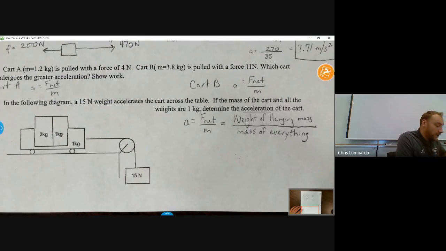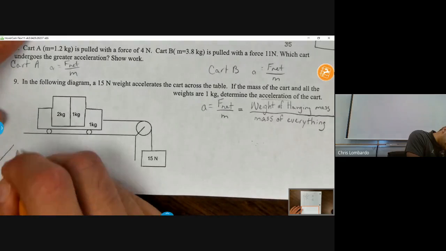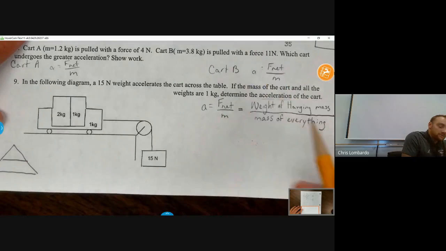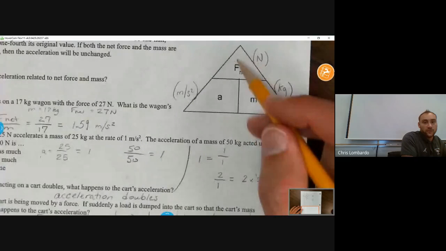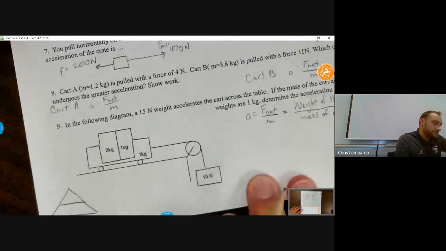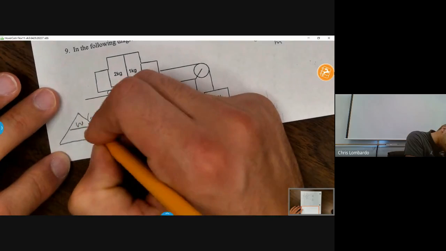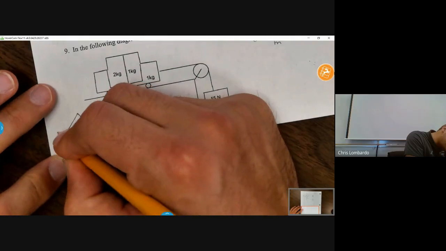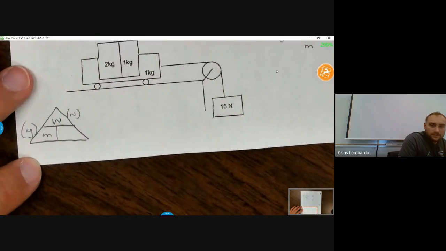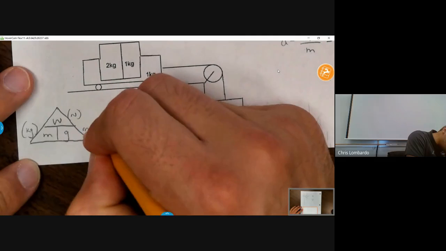Now, there's an equation for weight. It was in the notes that we had gone over before. It's pretty much the same equation as this. Weight is a force, except the acceleration is going to be gravity. So W is weight, measured in newtons. Mass is measured in kilograms. And gravity, little g, is in meters per second squared.